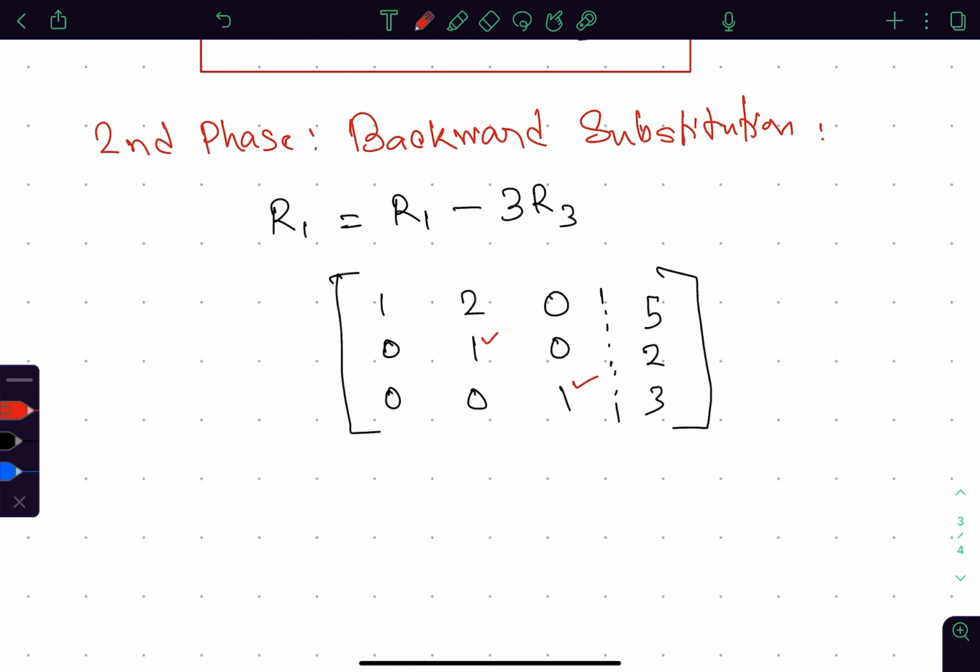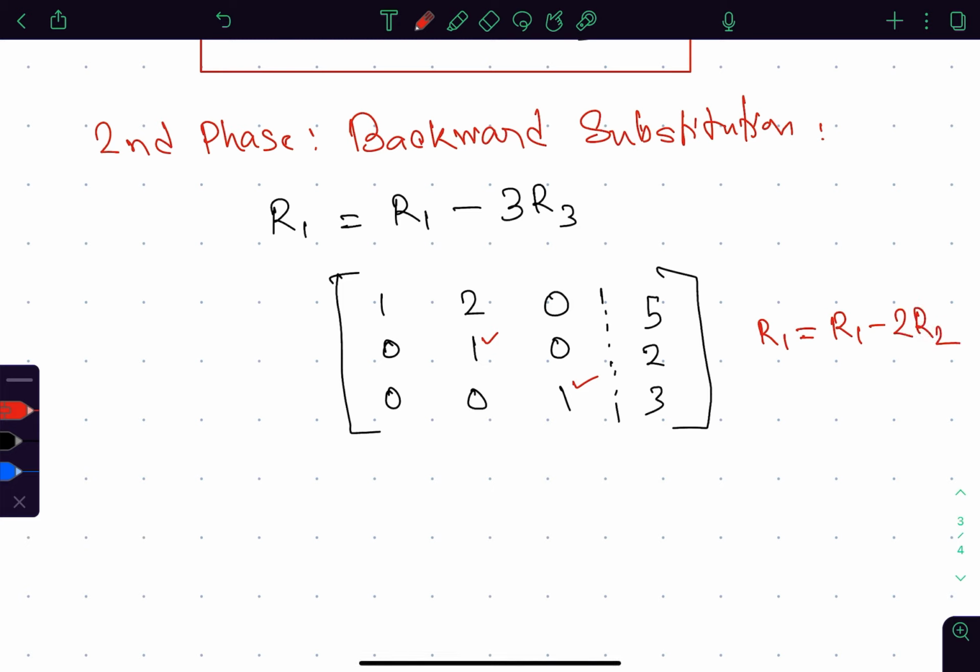So we'll do an operation on R1: R1 equals R1 minus 2R2.